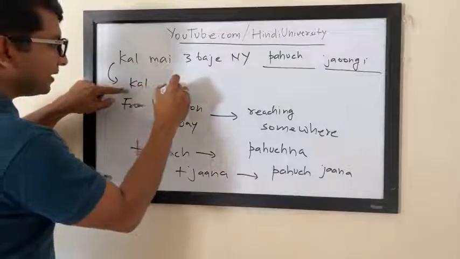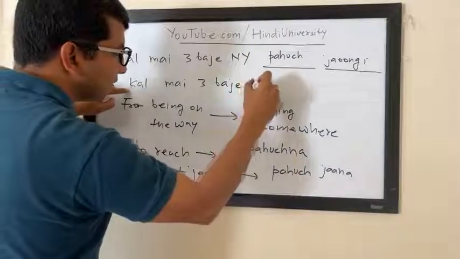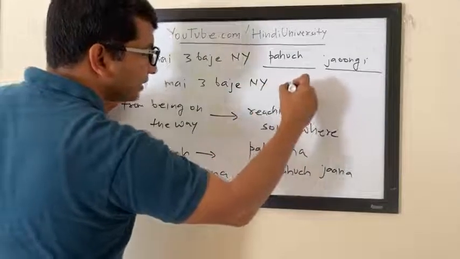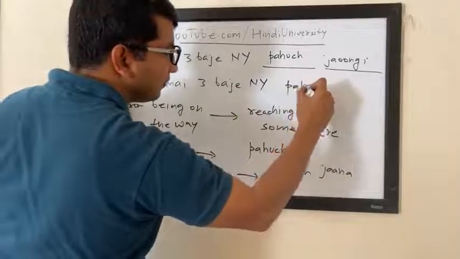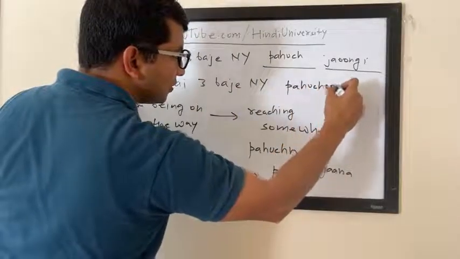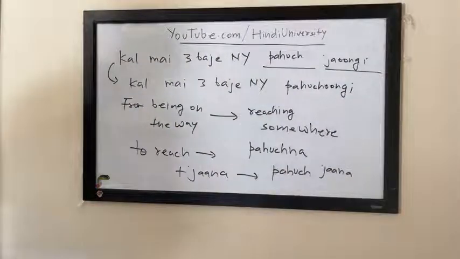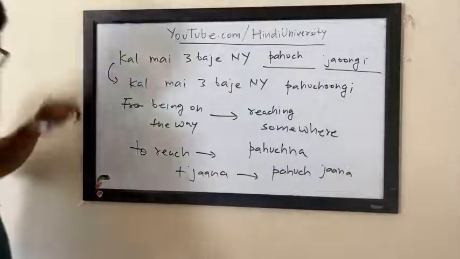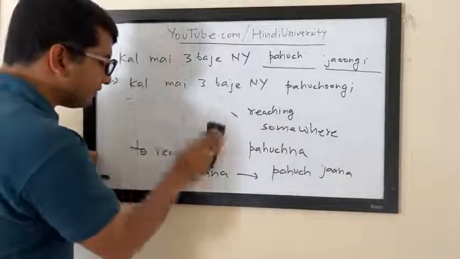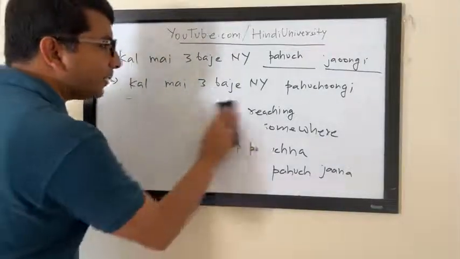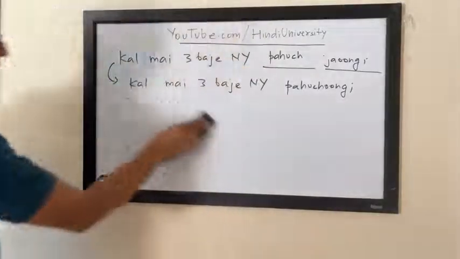Versus कल मैं 3 बजे न्यूयॉर्क, the other one would be, I will reach, पहुंचूंगी. Grammatically both of them are correct, but the first one gives some more emphasis, where you are compounding the verb.